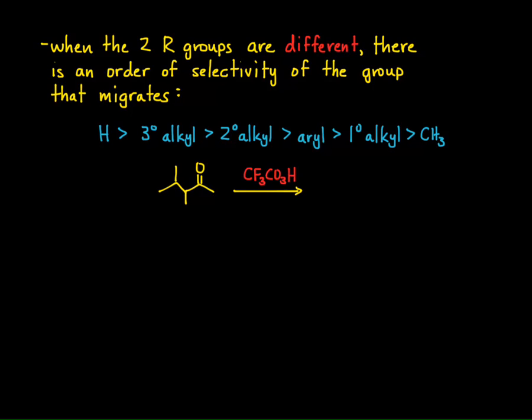So we know that that secondary alkyl group is the group that's going to undergo migration, and so in essence we have insertion of the oxygen to form our ester in between the carbonyl and the secondary alkyl group on the left. So the result looks like this, right? I have my secondary alkyl group, oxygen attached to the carbonyl, attached to the methyl group, and I form an ester in that process.